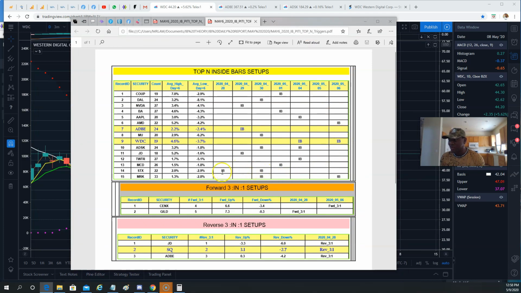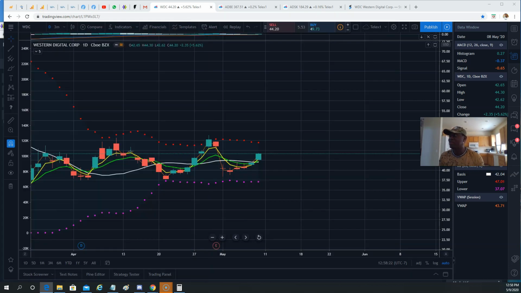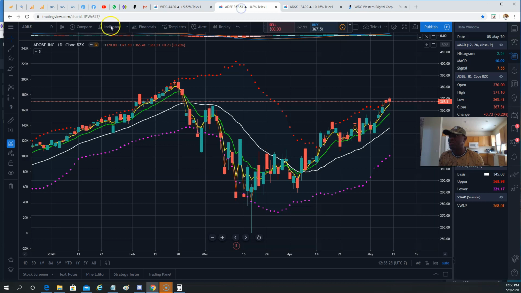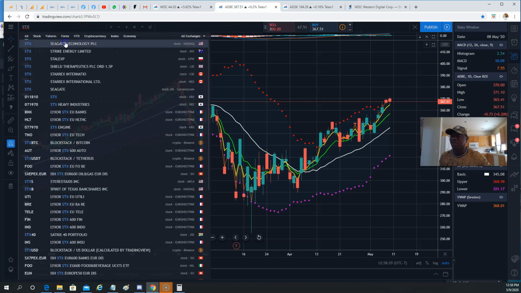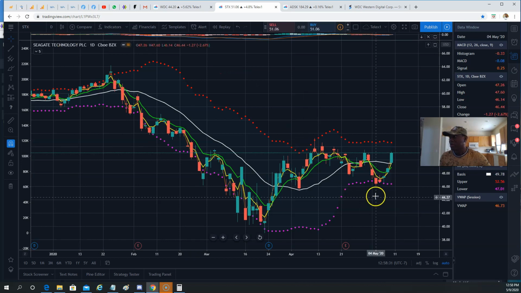This one on STX transpired again this past Friday. So if you follow STX, I believe it went on a run. Can we show that? Let's go ahead and try to showcase that. So instead of Adobe here, STX. Here we go.